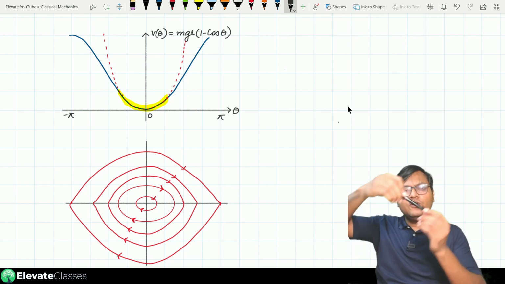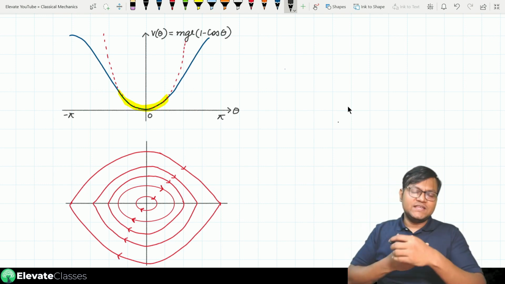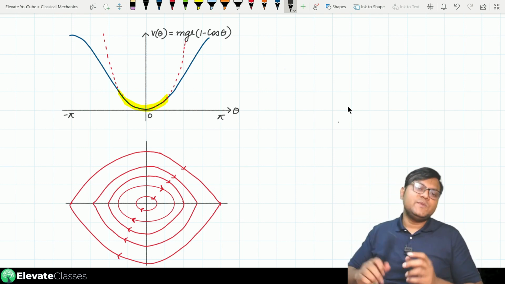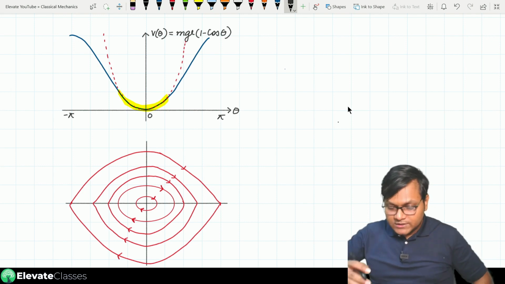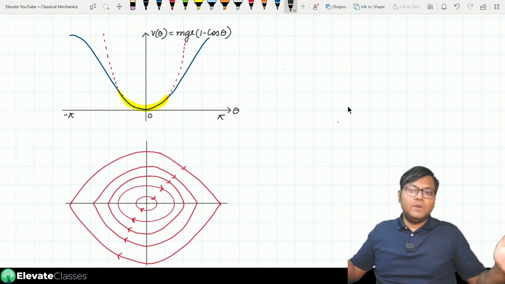If it undergoes a full rotation, then the phase space trajectory associated with that is actually not a closed loop, that is an open-ended curve. All right, so then we can go beyond minus pi and plus pi.